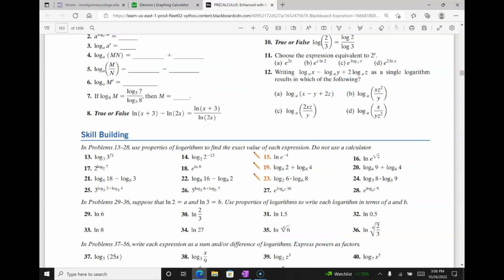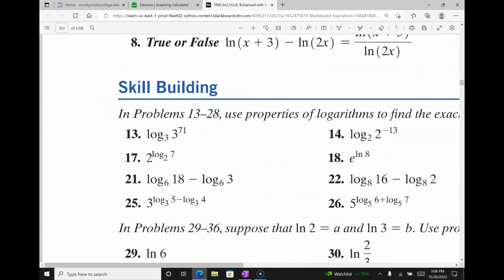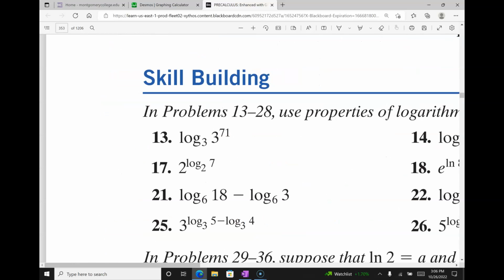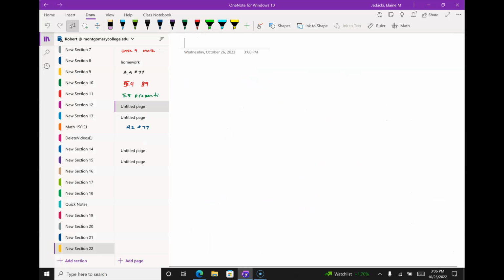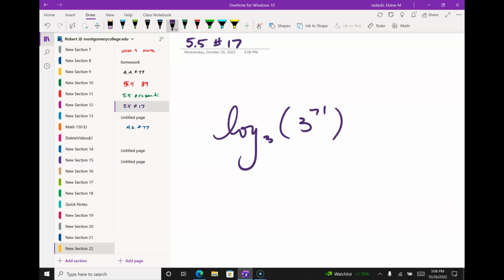Look at 13. Log base 3 of the argument 3 to the 71st power. What happens?